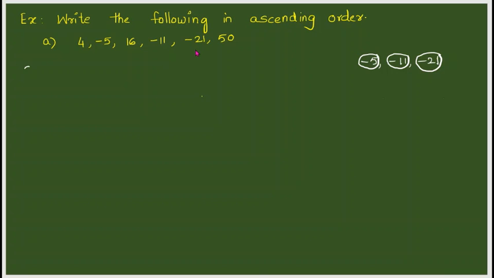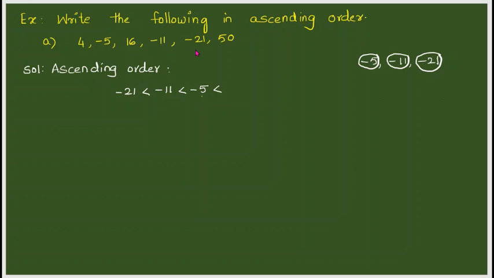So how can we now write the ascending order? Let us see. Among all the 6 given integers, we understood that minus 21 is the smallest one. So we will write first minus 21 is smaller than, after minus 21, the next smallest one is minus 11, then minus 5. So minus 5 is less than, okay.